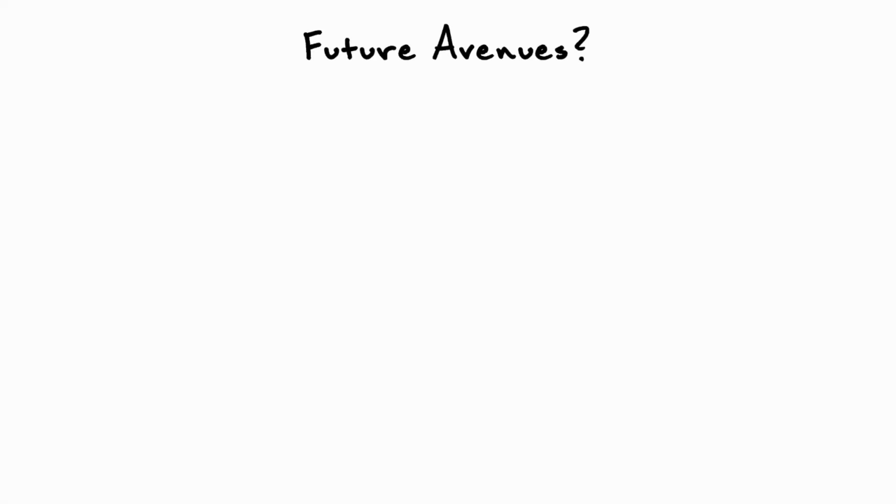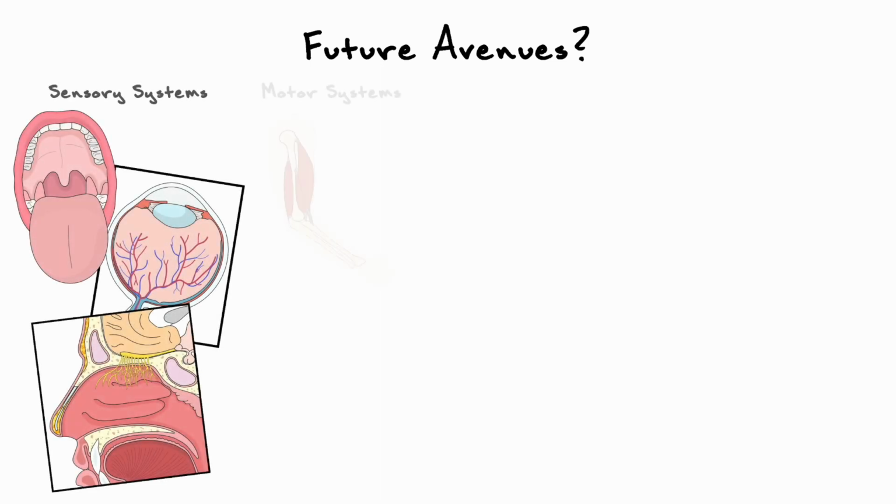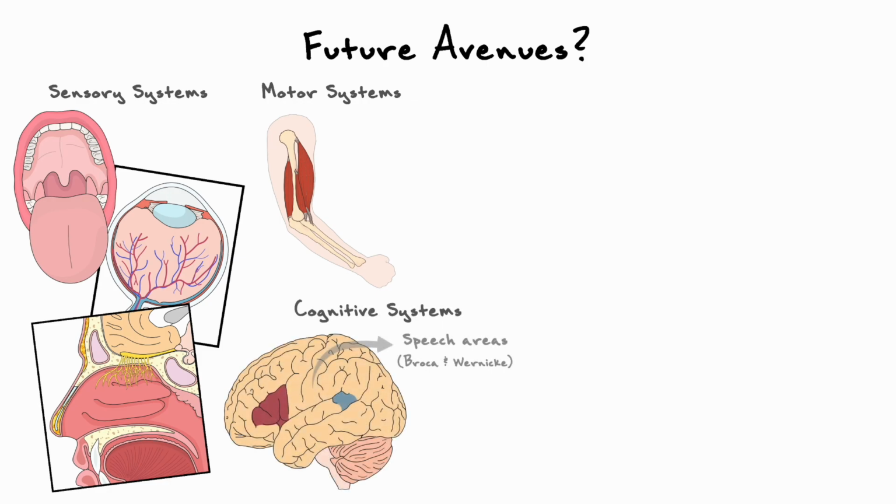Notably, I briefly alluded to the complexities of the neocortex, and that is definitely a topic that we will need to consider in the future. In addition to that, we need to consider in more detail how the different sensory and motor systems operate at both the peripheral and central level, and we also have to consider how these systems integrate together to make more complex cognitive systems that allow us to think, speak, memorize, and so on.